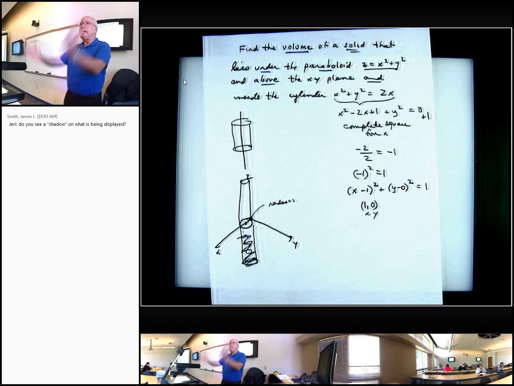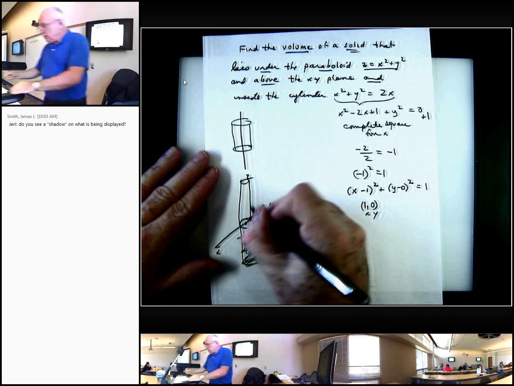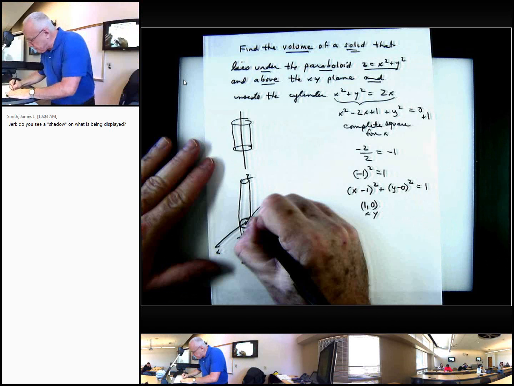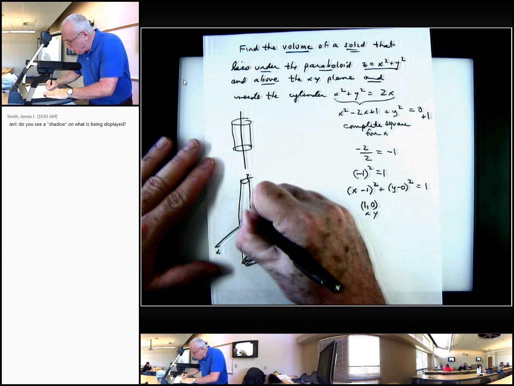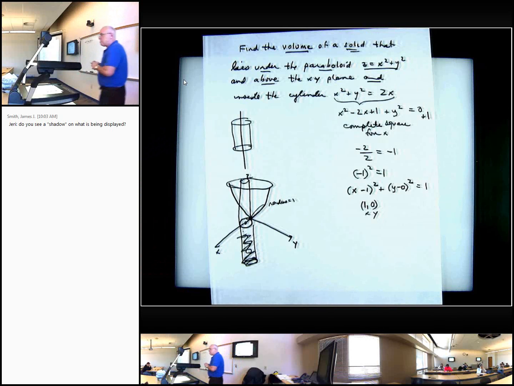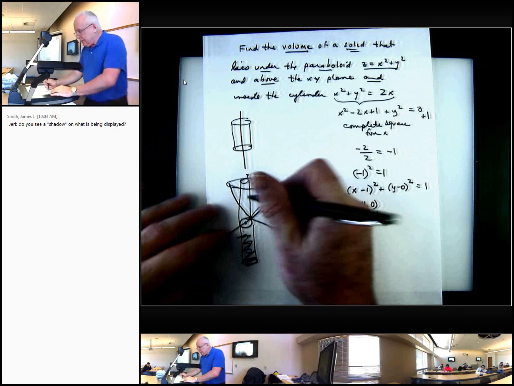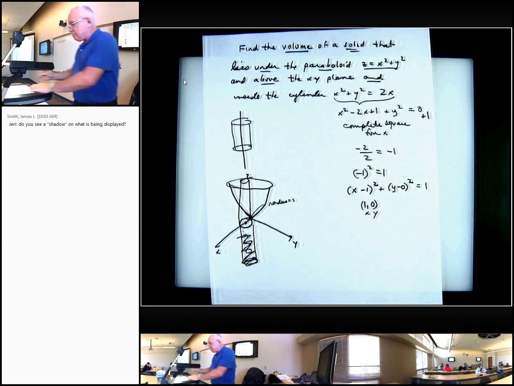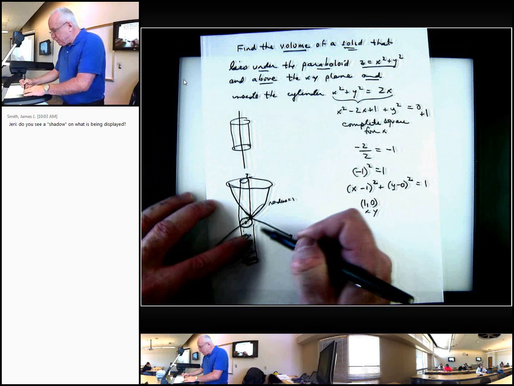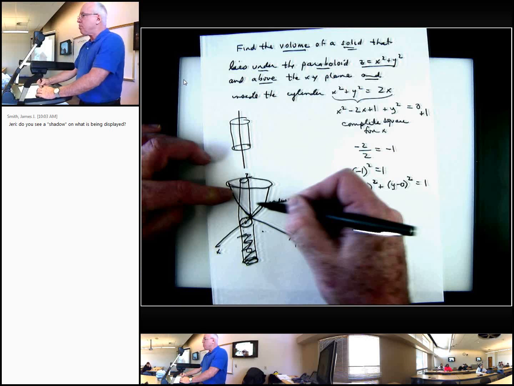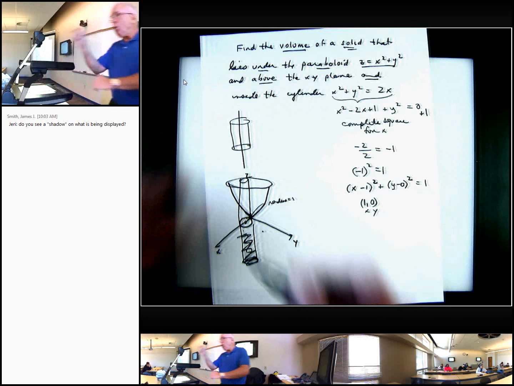And as x and y get bigger, the z values just keep going up, so it's going to curve upward like this as a paraboloid. This is my upper part right here. So what we're talking about in this messy diagram is the area between the xy plane down below and underneath this paraboloid, yet all within that cylinder.